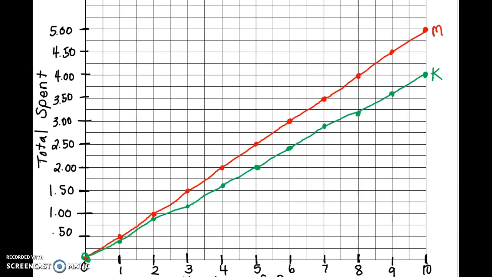Okay? You're not going to have the exact amounts for both patterns. I had to choose one, so I chose Matthew's pattern, and then I have to kind of estimate for Kylie's pattern. Does everybody see what I had to do? But because each one of my lines was worth 25 cents, it kind of helped with that. Okay?